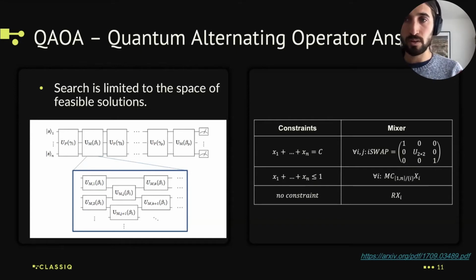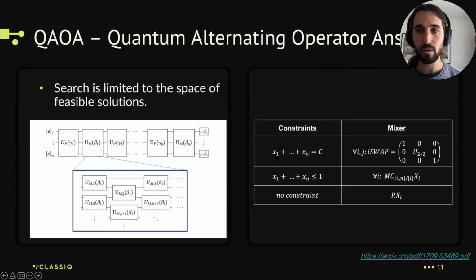So how do we do it? The main thing that we need to change is the mixer layer of the previous QAOA, because the previous mixer layer just takes us from whatever solution to a superposition of all solutions in the Hilbert space. We have to somehow change it in order to apply it to our own feasible subspace. Okay, so here are just a few examples of how we are going to change the mixer layer.